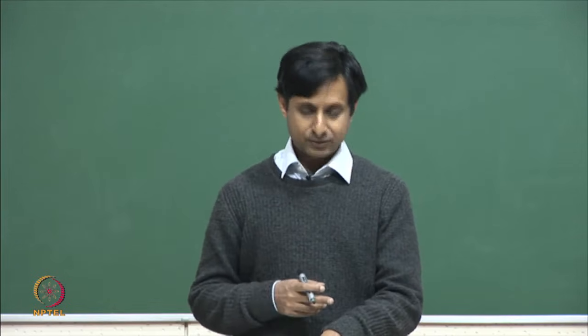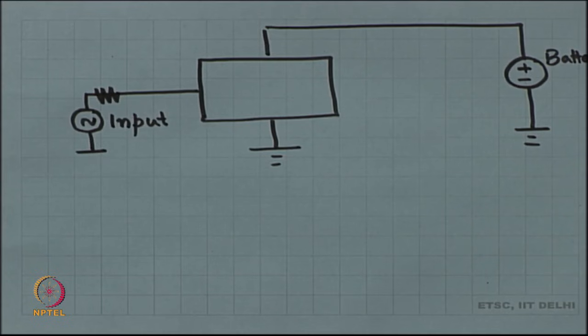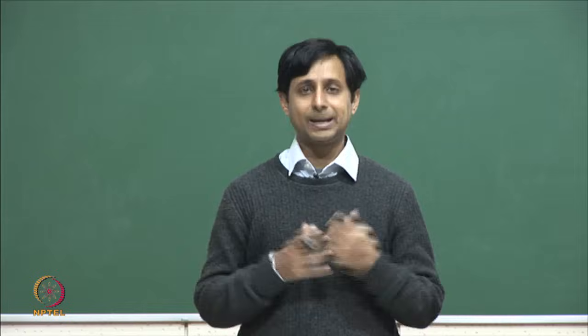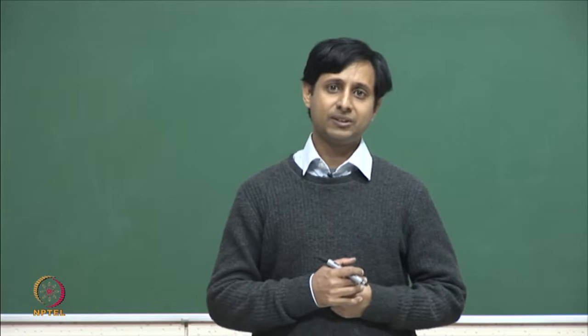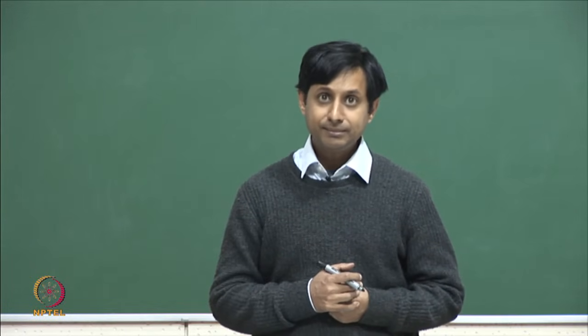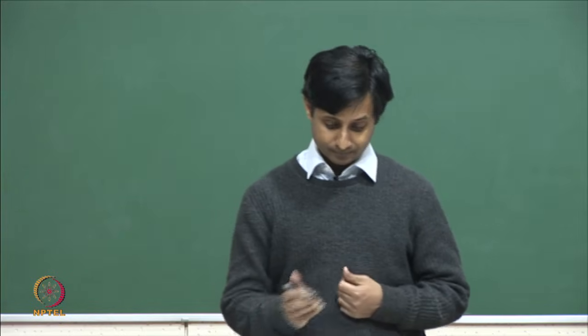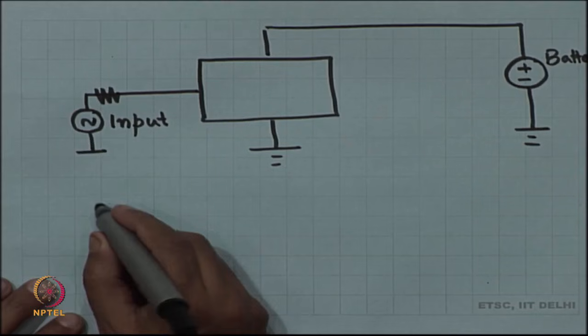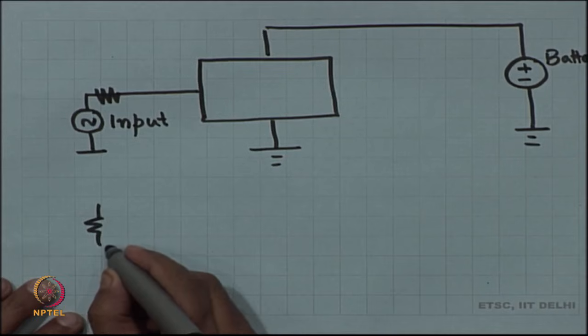Whereas, if you have a source resistance associated with the sensor, then the amount of power that that particular voltage source can produce is limited. Am I right?